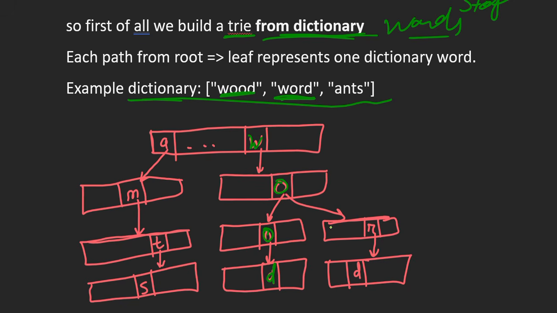Then we check, is r present? No, here o is present. So we move to a new r. Sorry, I think I have made it wrong. So here we take r, then from r we store d, this way we'll be storing. So this way the word is stored.